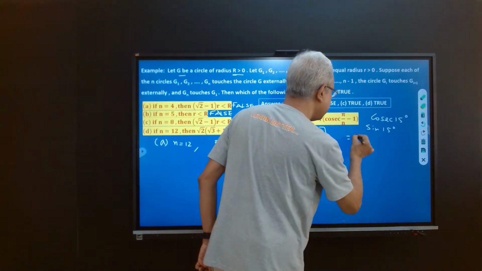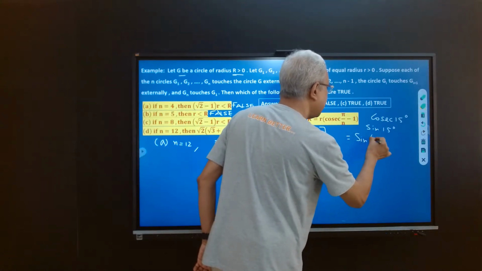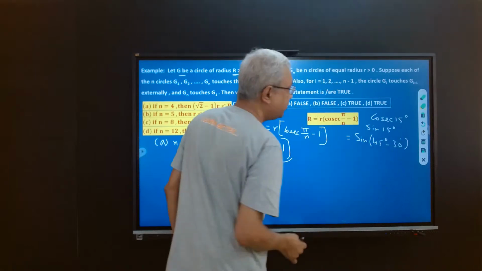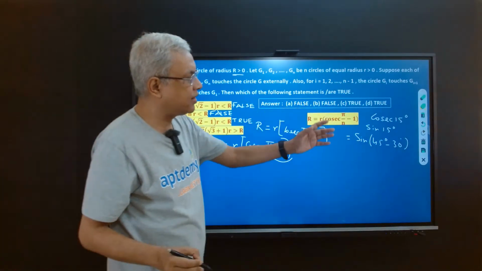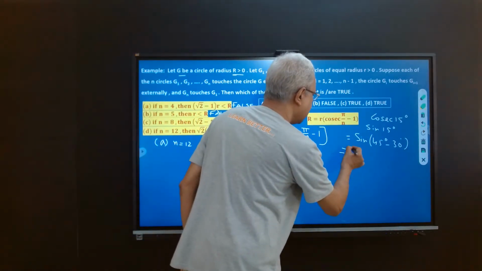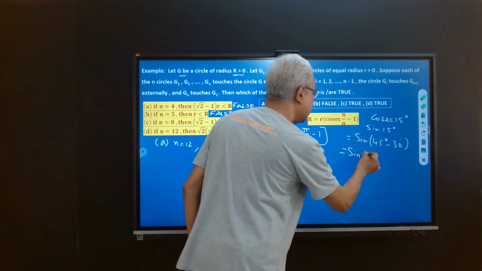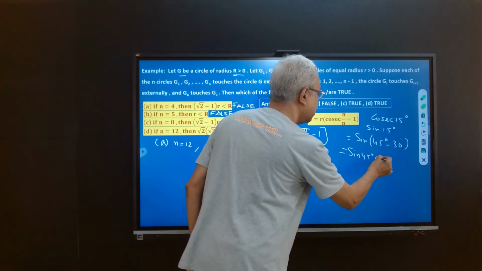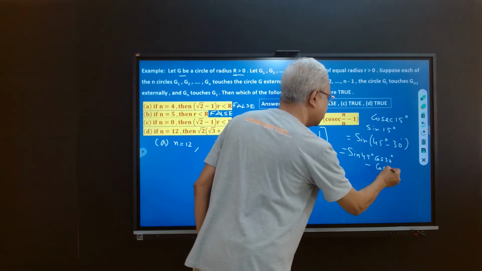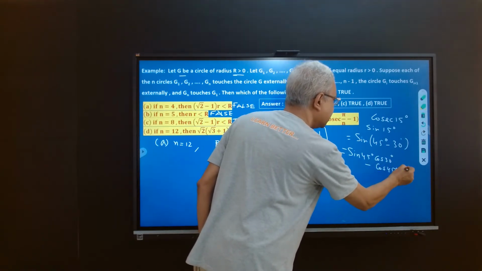But sine 15 degree is actually sine of 45 degree minus 30 degree. And we know the standard formula: sine (A minus B) is sine A cos B minus cos A sine B. So I write this as sine 45 degree cos 30 degree, very familiar, minus cos 45 degree sine 30 degree.